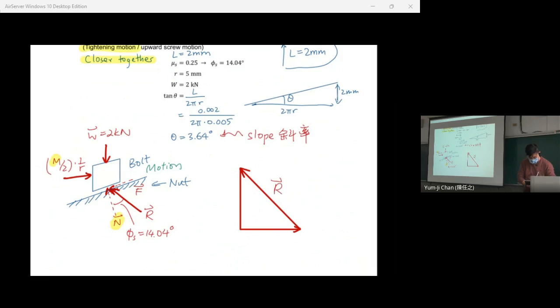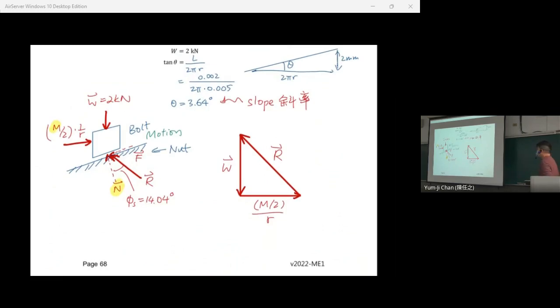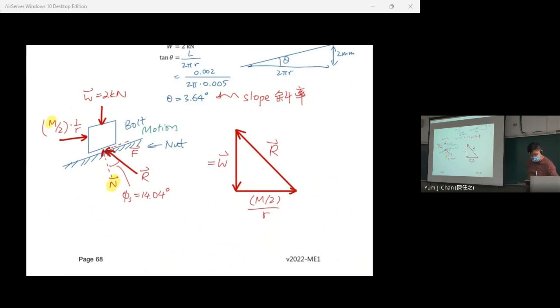And this is W, and this is M over 2 divided by R. I think this one is 2 kilonewton. I think the rest is easy, because we need to determine M here.